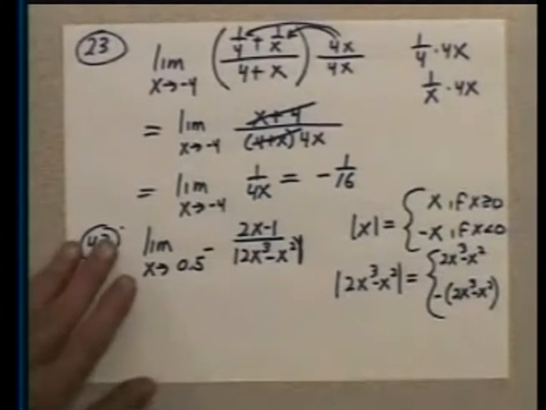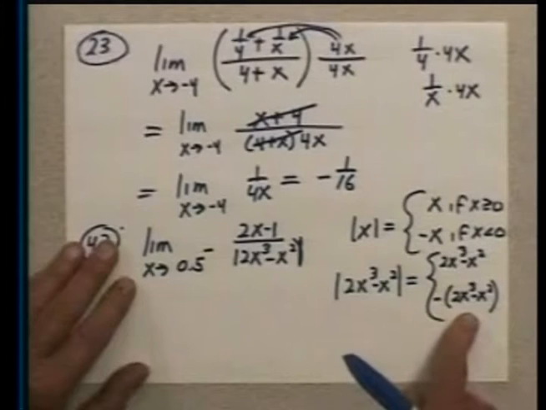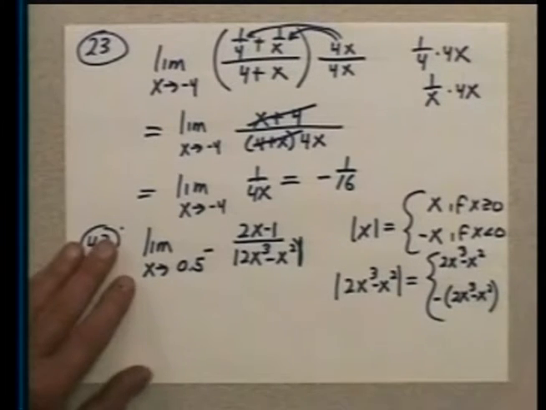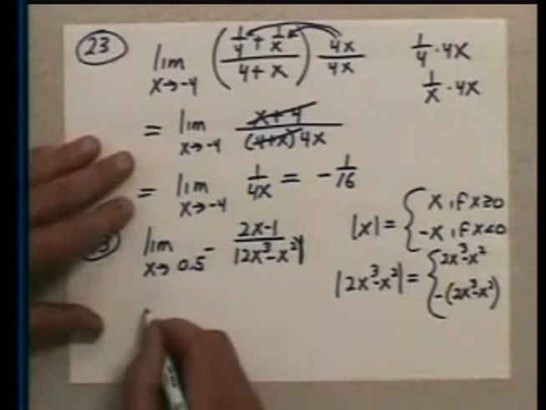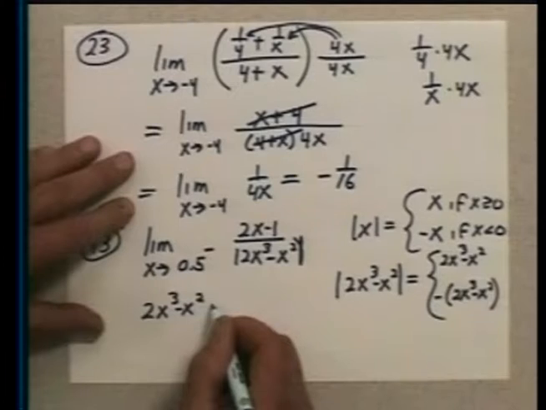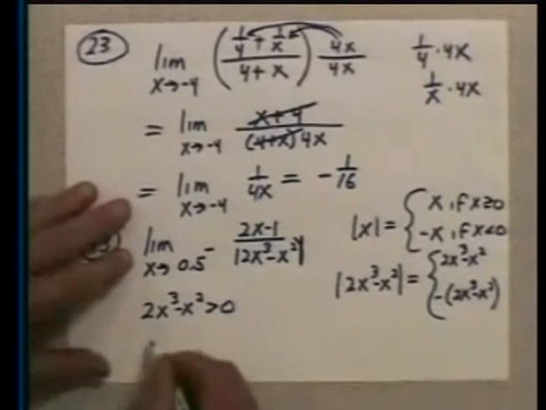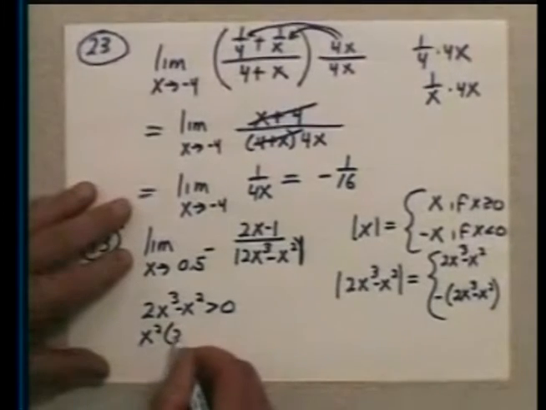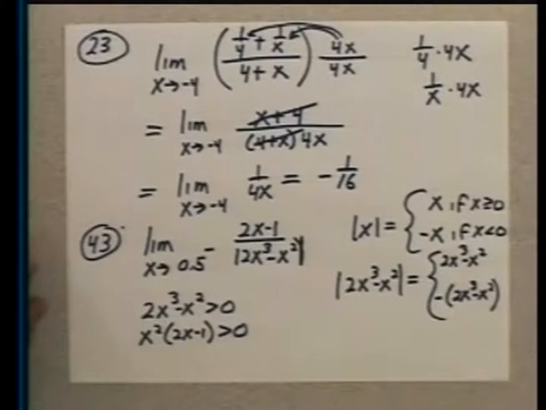That's just being consistent. Absolute value of something is sometimes itself, sometimes it's opposite. Now I need the conditions under which that happens. Well, it's the first one if 2x cubed minus x squared is greater than 0, which means x squared times 2x minus 1 would have to be greater than 0, right?